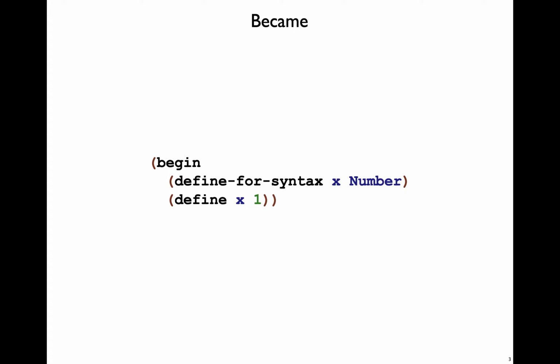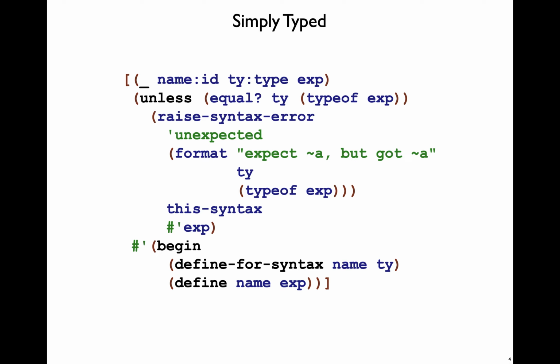That is why we have defined for syntax to bind name with type and have defined to bind name with value. But how? First, we can take a look at simply type. As you see, in simply type, we check the expected type is the same as the type of expression and return the conversion.